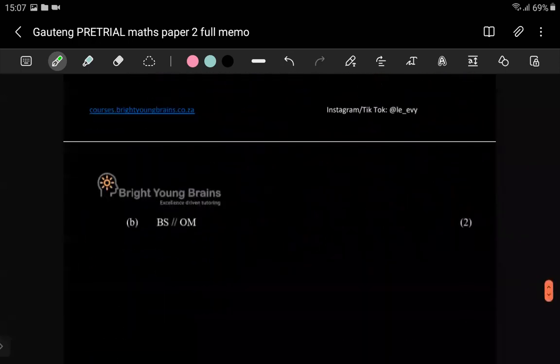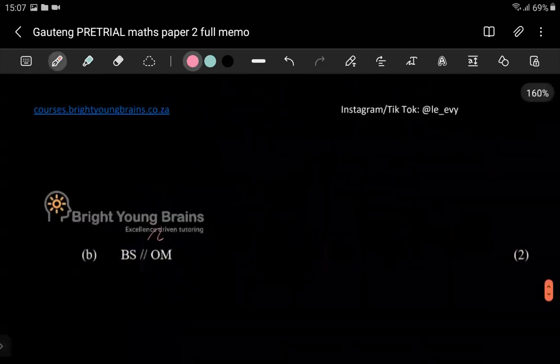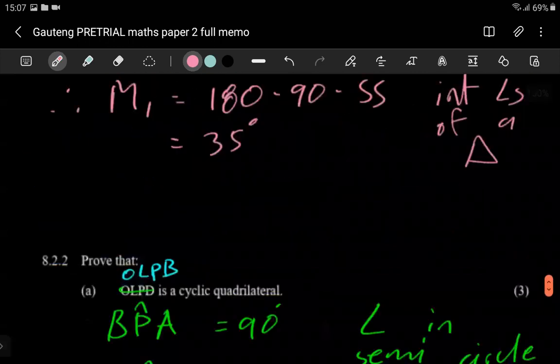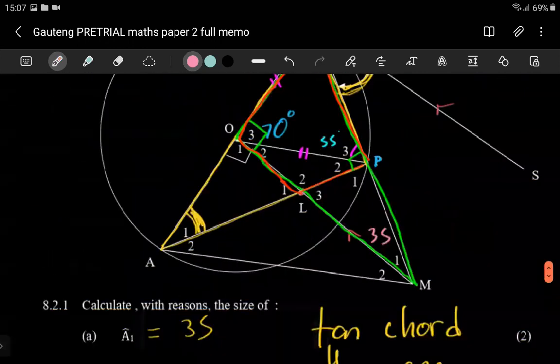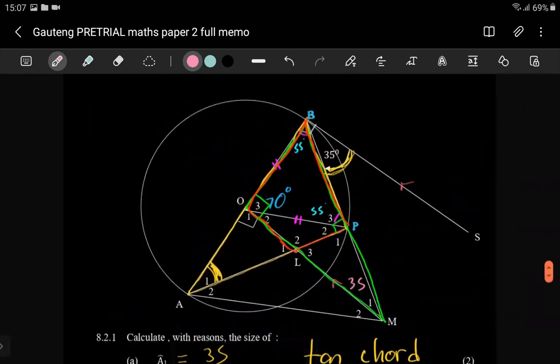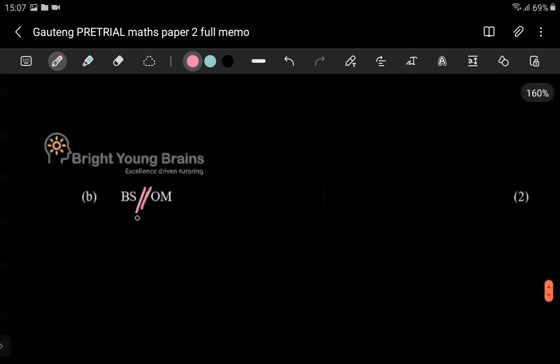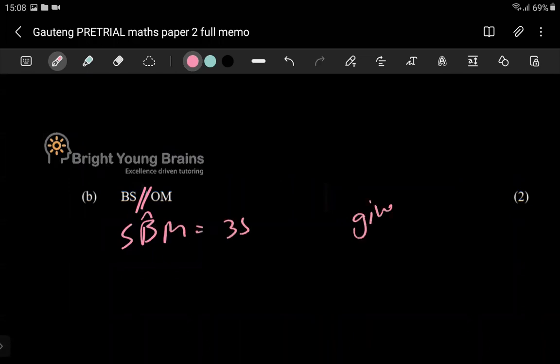Okay, and then now we can do the next one. They want us to prove that BS is parallel to OM. Very simple. It's a 2-mark question only. So we already stated that this is 35 and we know this is 35. SBM is equal to 35, that's a given. M1 is equal to 35, that's proven.